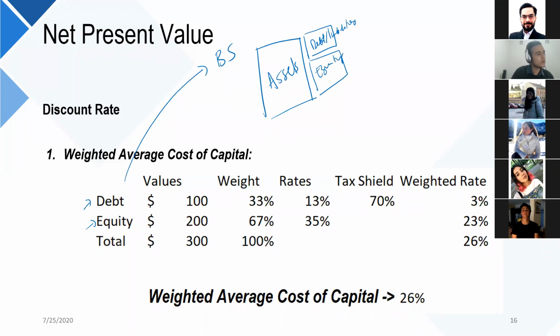Now, why don't we have the word liability here? Well, because in this weighted average cost of capital, you are not supposed to put all the liabilities, because in accounting terms, you may have some liabilities that are not generating an interest. For example, vendors: that is the money that you owe to vendors, and that is not generating an interest. Even though you are financing with the vendors, you are not generating an interest with that account.